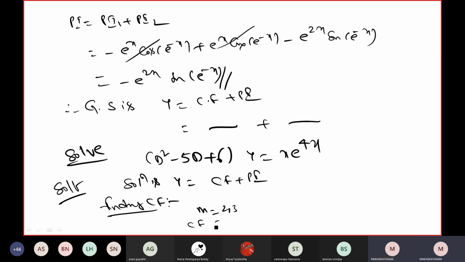Therefore cf is c1 e power 2x plus c2 e power 3x. ఓకేనా? Now go for pi.